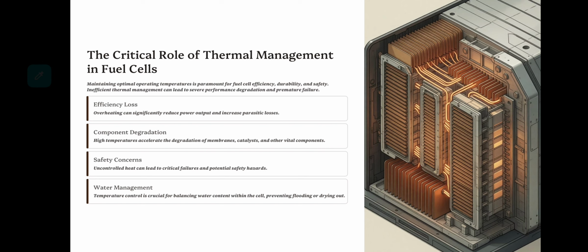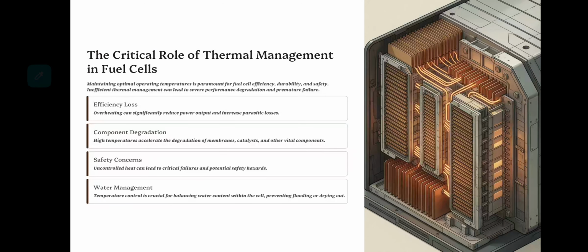The critical role of thermal management in fuel cells. Maintaining optimal operating temperatures is paramount for fuel cell efficiency, durability, and safety. Inefficient thermal management can lead to severe performance degradation and premature failure.